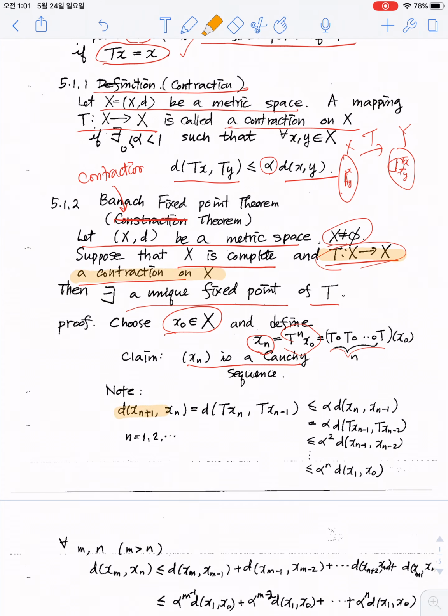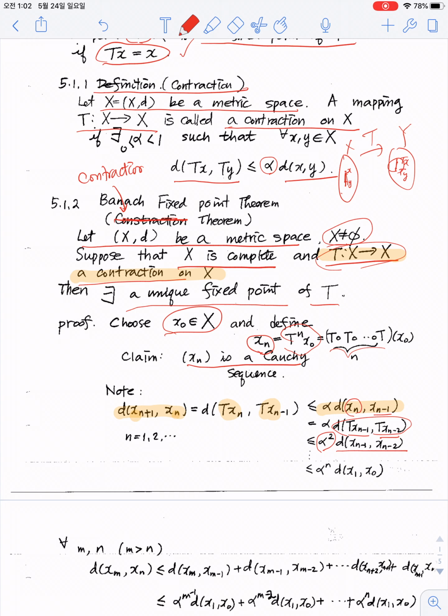We apply the contraction map. Then we look at the distance between xn+1 and xn. By definition, this is Txn and this is Txn-1, and T is a contraction map. This is less than or equal to alpha times d(xn, xn-1). Again, by definition, this guy is Txn-1 and this guy is Txn-2, and also this map is a contraction, so you have alpha squared times d of this one.